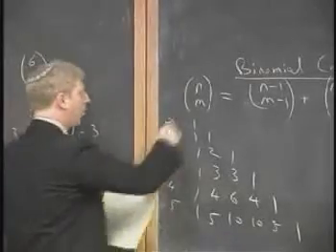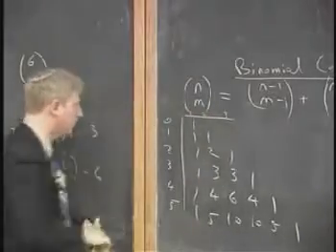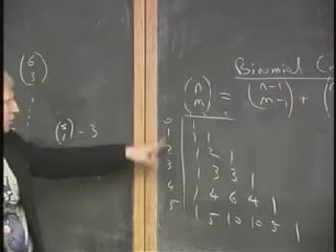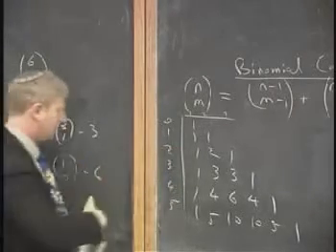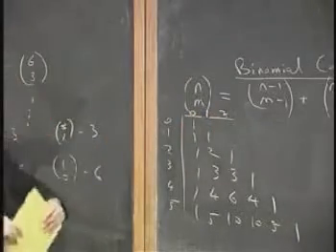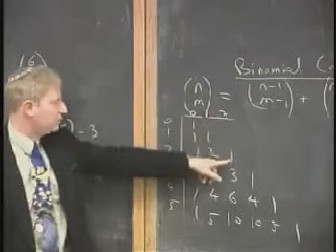And this is column 1, column 2, column 3. So this would be 2 choose, did I do it right? No. 0, 1, 2, sorry. This would be 2 choose 0 is 1, 2 choose 1 is 2, 2 choose 2 is 1.